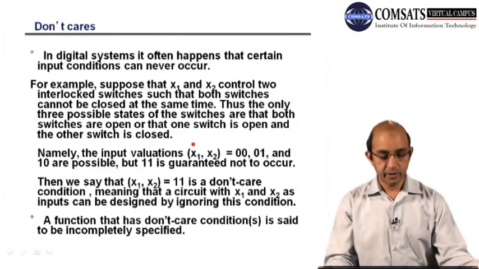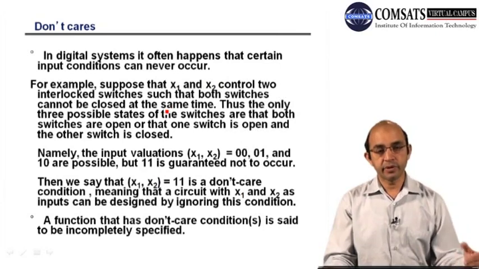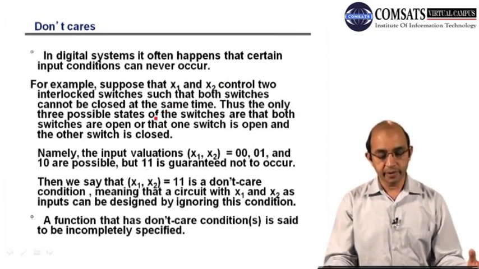For example, if we have a control switch that has to control 2 interlocked switches, such that both these switches cannot be closed at the same time, then the only 3 possible states are: both switches open; one switch open and the other closed; and the first switch closed and the second open.